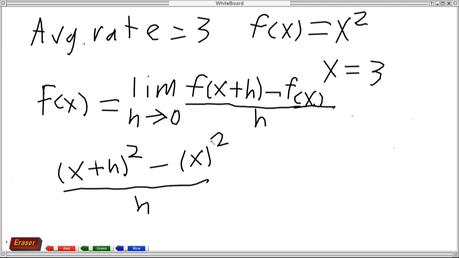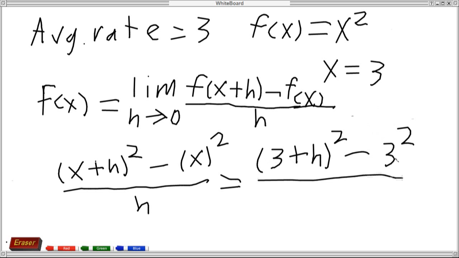Now we plug in our 3 value: 3 plus h squared, minus 3 squared, divided by h.